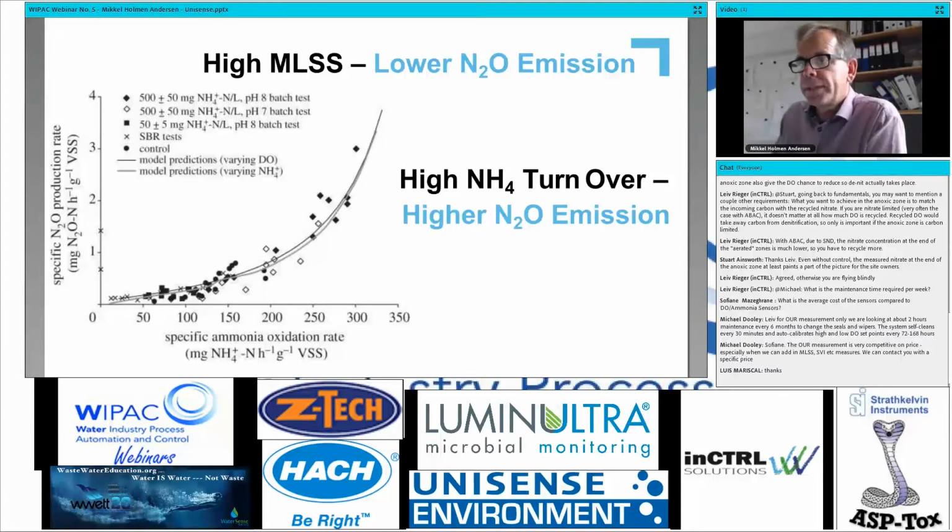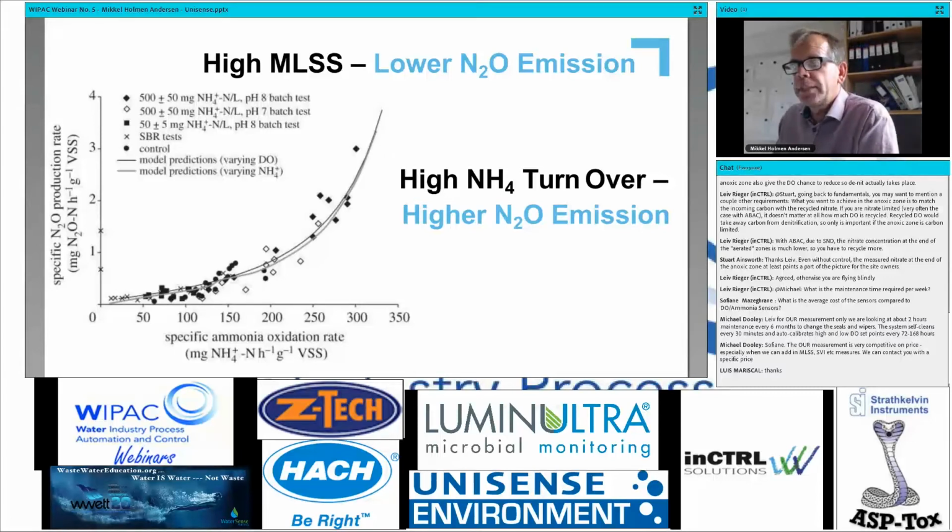So if you turn over more ammonium per gram of bacteria, then you also produce more nitrous oxide exponentially per gram of bacteria. So having a higher MLSS is really good for lowering the nitrous oxide, so less work per bacteria, and also a high turnover of ammonium, which is typically the place if you start to stress or increase the load on a plant, then you will get higher nitrous oxide emissions.